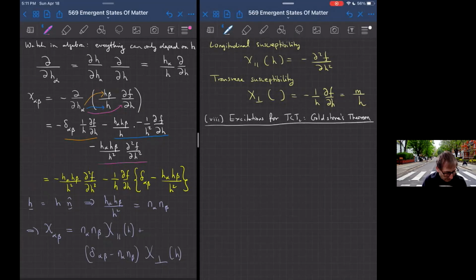Okay, so what we're going to see then is that there's a special structure in the ordered phase when there are continuous symmetries.